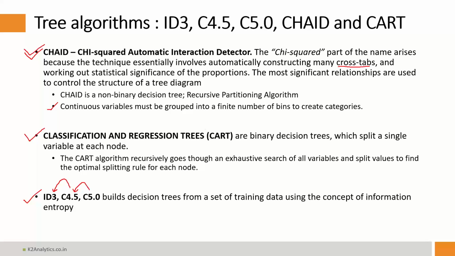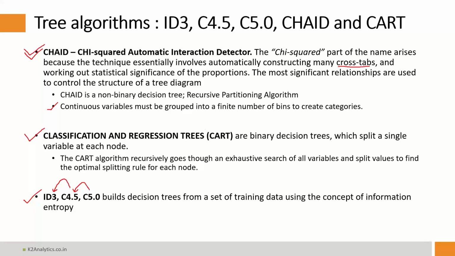So that is chi-squared. The second technique is CART, and CART is the technique which we are going to implement in Python. CART makes use of an algorithm which is called Gini gain. Now, what is Gini gain? Gini, the dictionary meaning, is a measure of impurity.